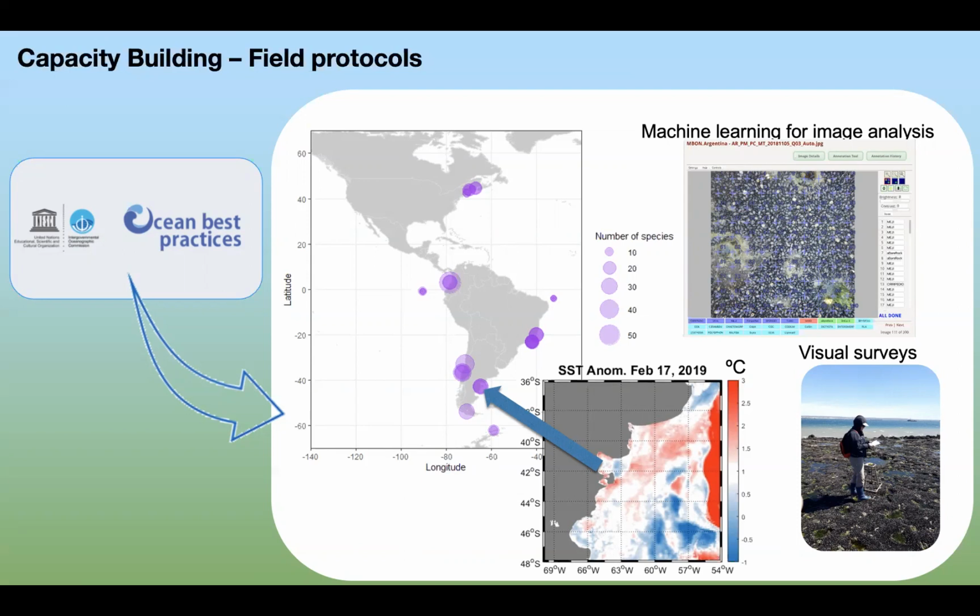The network is trying to understand what happened to these mussel beds, specifically by applying or testing machine learning techniques developed by the CoralNet group and their software to quickly detect large changes of functional groups in these habitats with minimal human effort.